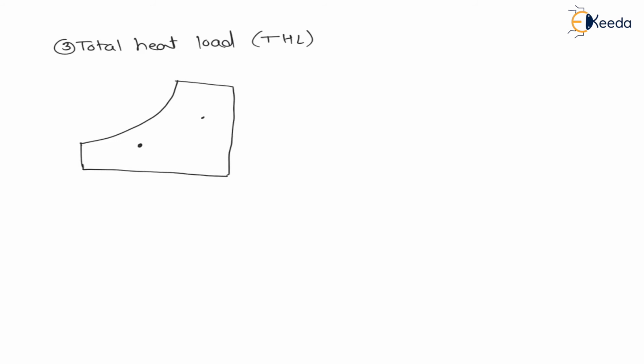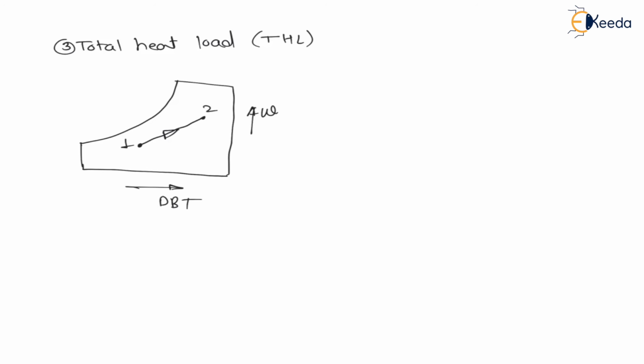From 1 to 2, I want to reach from 1 to 2, like this, right? Therefore here the temperature is also increasing and specific humidity is also increasing, because on the x-axis there is dry bulb temperature, on the y-axis there is specific humidity, right? Here both temperature and specific humidity are increasing. Therefore if I want to reach from 1 to 2, now I can reach like this.